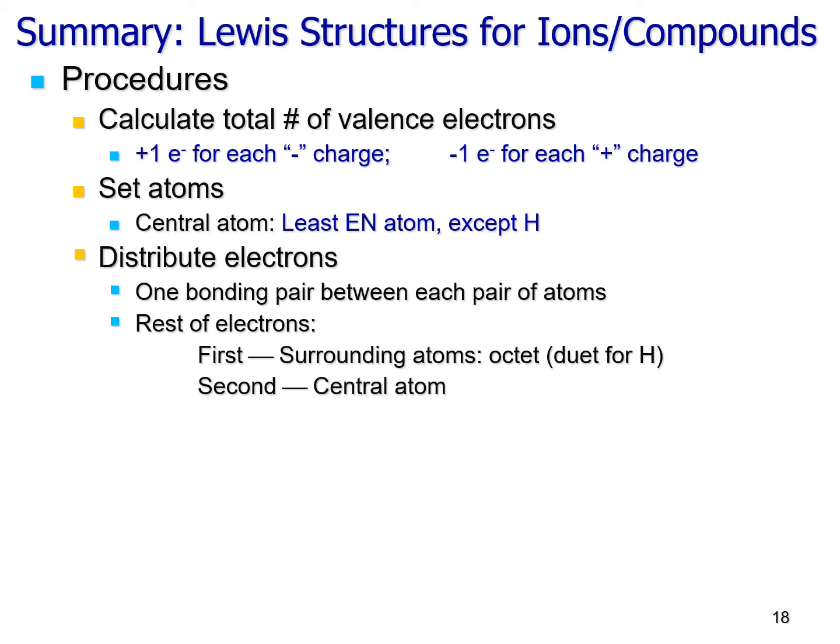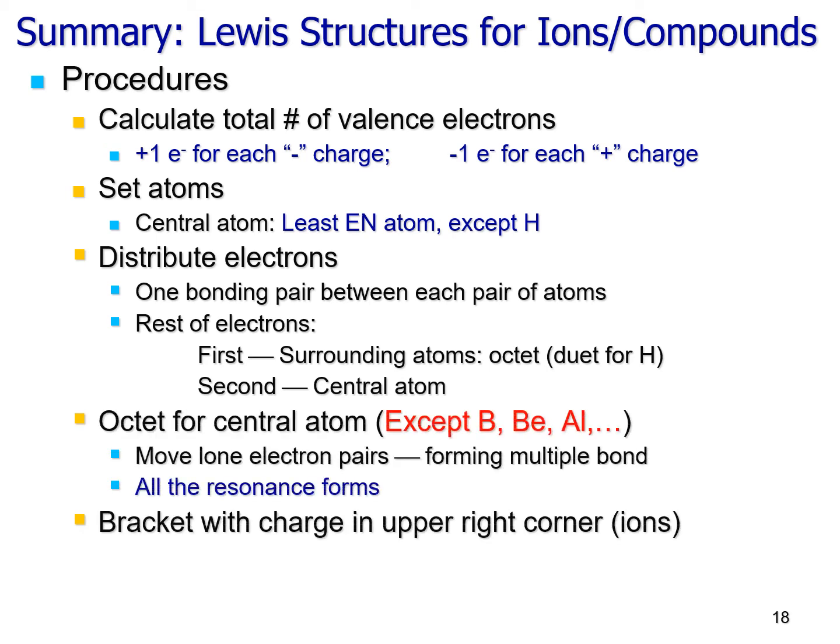First, a single bond all around for each pair of bonding atoms. We are going to have more electrons, so we make the surrounding atoms octet. If we still have electrons, then the electrons go to the central atom. The central atom would be the only atom that we have to care about for the octet, with the exceptions of boron, beryllium, aluminum, and so on and so forth.